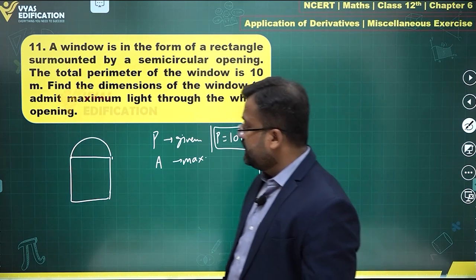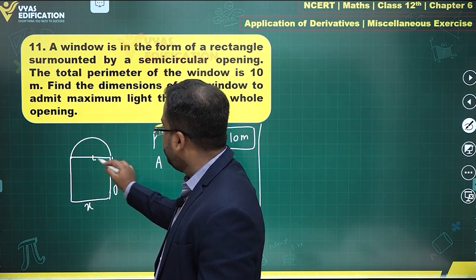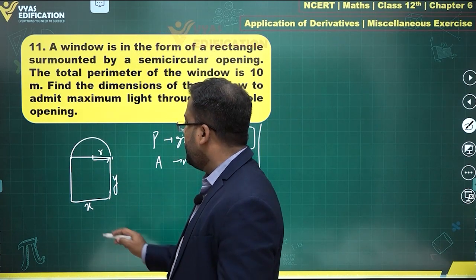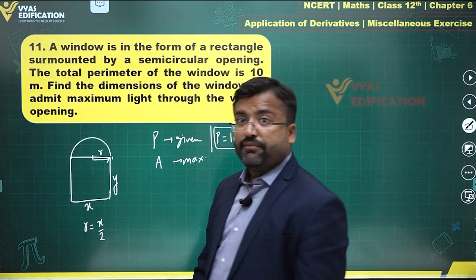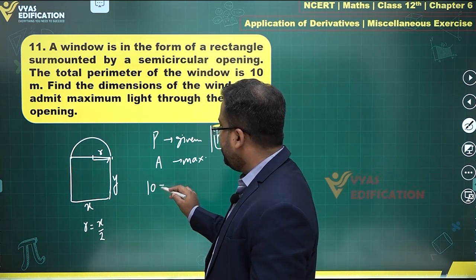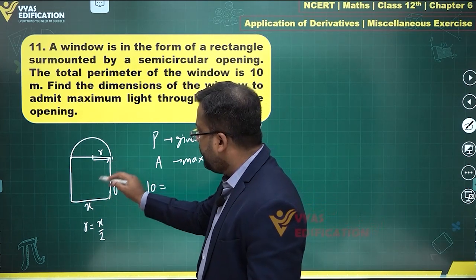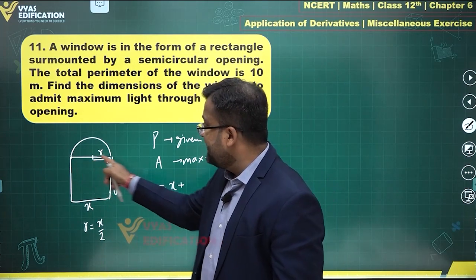Let us assume this is x, this is y. So this will be the radius of this circle, and you can observe that r will be equal to x by 2. Perimeter is equal to 10, which is x plus y plus y. The perimeter will be the boundary only, so we don't need the x over here.